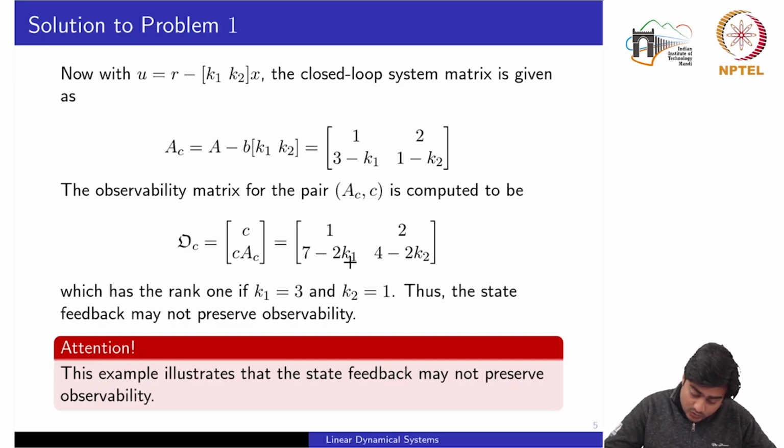Now if we put K1 is equal to 3 and K2 is equal to 1, we get 1 and 2. It is straightforward to see that the rank of this observability matrix is not 2 but 1, meaning that the system is not observable under the state feedback.